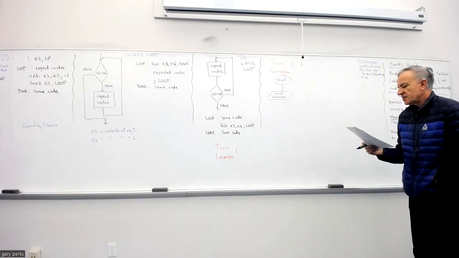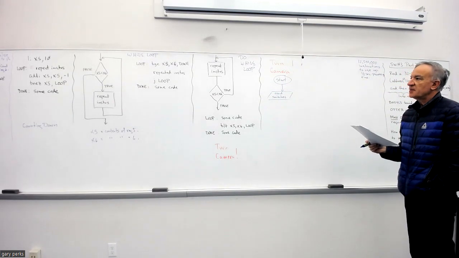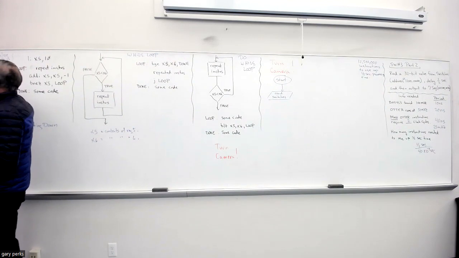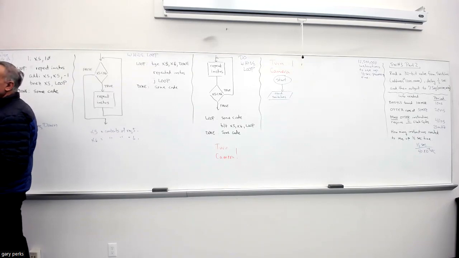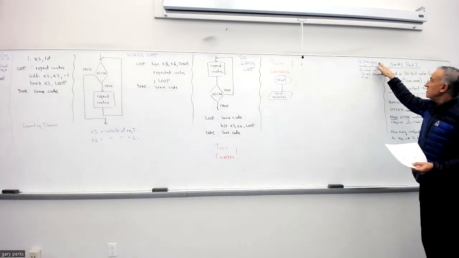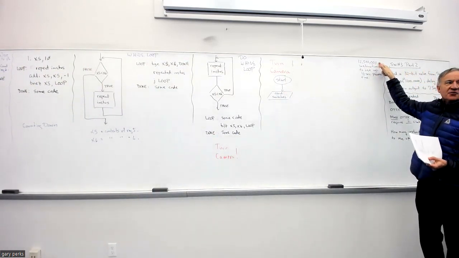And the next thing, just like we did for the for loop, is set up a counter and also set up a max count, where the max count is the number of instructions.